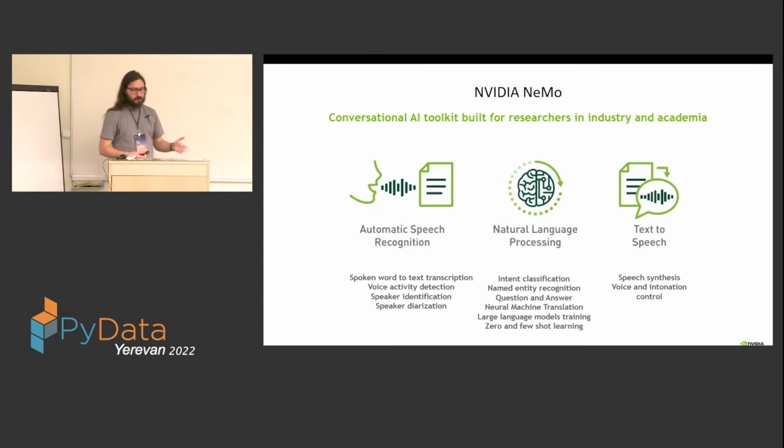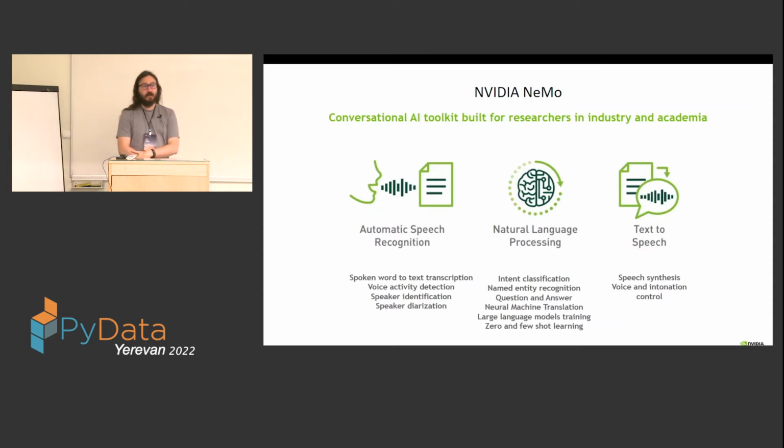For automatic speech recognition, we can transcribe words, we can do voice activity detection, we can identify the speaker, we can diarize and separate different speakers in case of overlap in speech. We have quite wide NLP capabilities with text classification, named entity recognition, question answering, and so on.